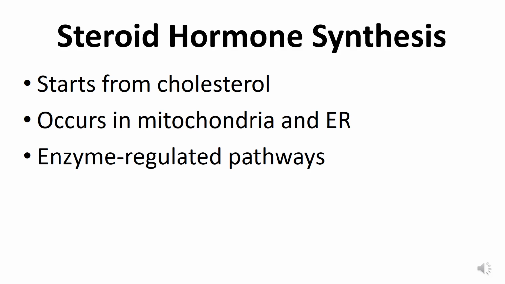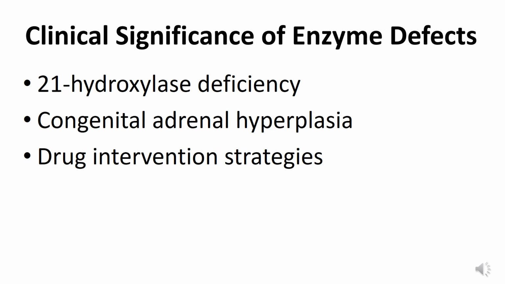Their effects may take longer to appear, but they often last much longer. In simple terms, steroid hormone synthesis starts with cholesterol and depends on carefully controlled enzyme pathways inside the mitochondria and endoplasmic reticulum. Enzymes play a critical role in hormone production.